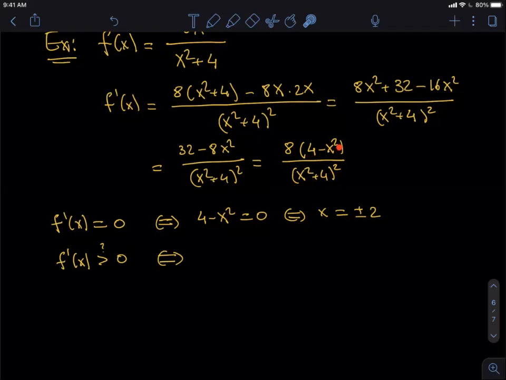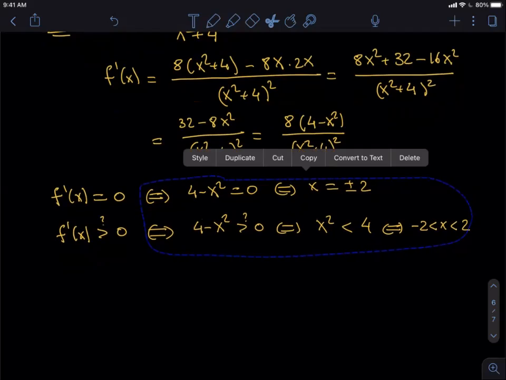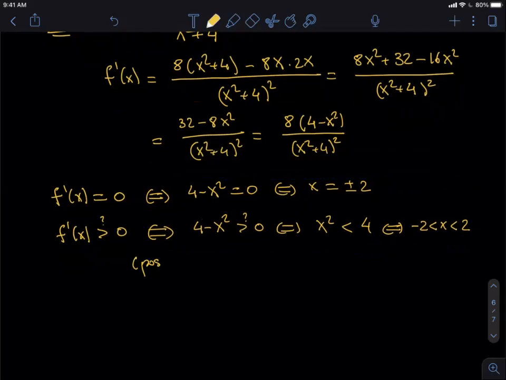So the only thing that can be negative or positive is 4 minus x squared. So that's the only thing that matters. And that means x squared less than 4, which means x in between -2 and 2. And it will be negative otherwise.